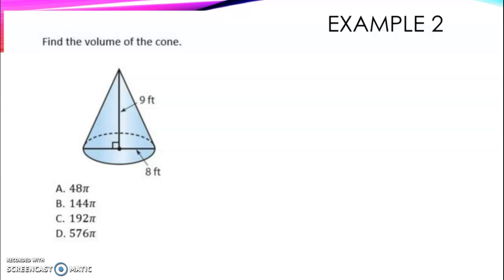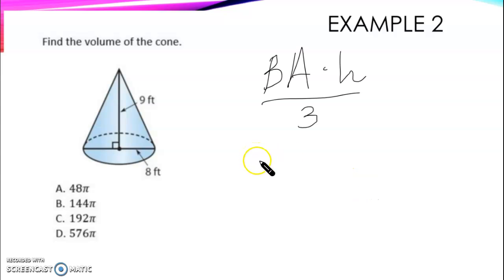For our second example, I want to review when you have to find a volume in exact form. Notice how we have these A, B, C, D options here that have a pi involved, meaning we have to leave it in exact form. We need to find the volume of this cone. We're going to use that same formula. We'll start by finding the area of the base, which is a circle.